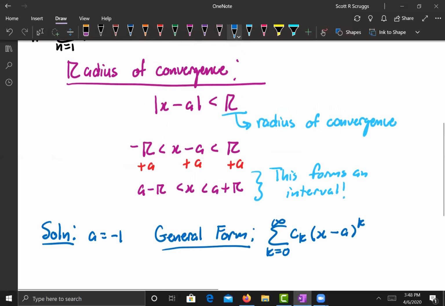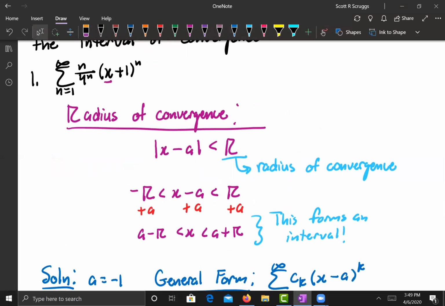And so the reason why we have -1 as our center is I see x plus 1, but I can rewrite that as the sum going from 1 to infinity of n over 4 to the n times x minus -1 to the nth power. So that's how I conclude that my center for that series is -1.